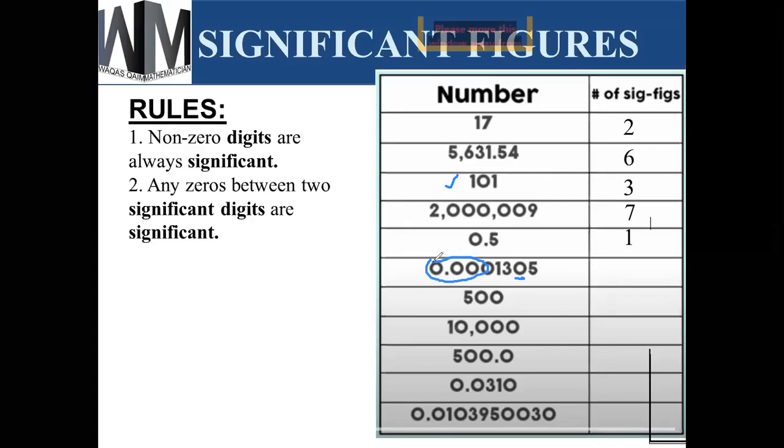So that's why these 4 zeros are not counted as significant figures. Only this zero is counted as a significant figure, and 1, 3, 5 are non-zero numbers, so they are significant. So in this number we have 4 significant figures. Right, everyone?